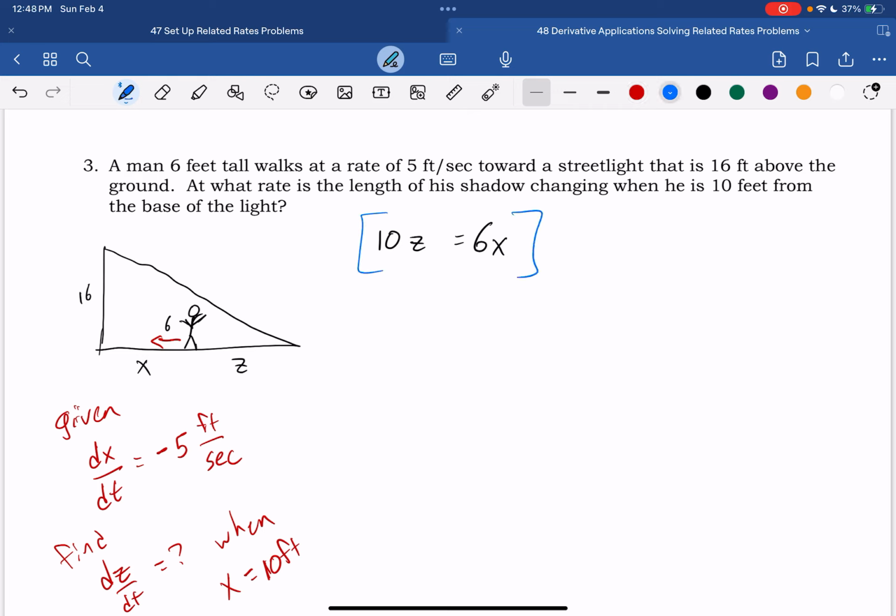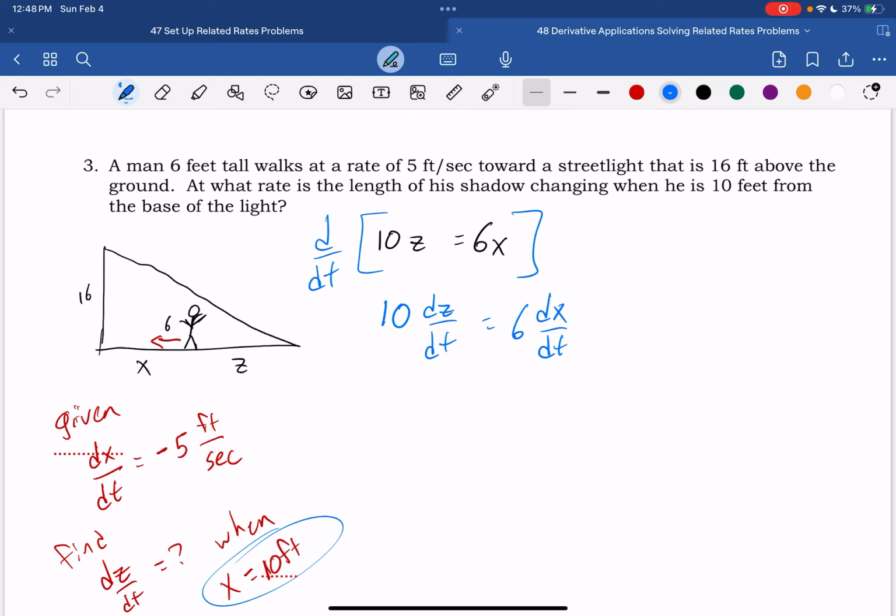So we're going to take and differentiate our relationship, which we found using similar triangles, with respect to time. And so simple power rule here says 10 dz/dt equals 6 dx/dt. And then we can plug in, and what we find is that there's nowhere to really plug this 10 in, and so that's not going to have an impact.